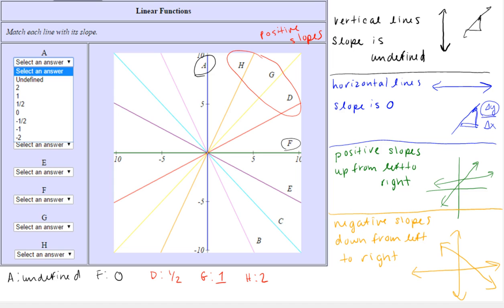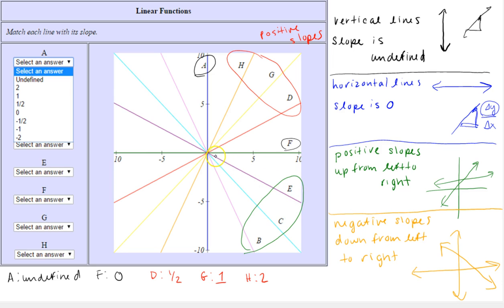Now we're going to use a similar idea for these three lines. So all three of these lines have a negative slope. So just like when we thought about which one is easiest to walk up or most difficult to walk up, you could think here about walking down. So this is the least steep line, but it does have a negative slope.